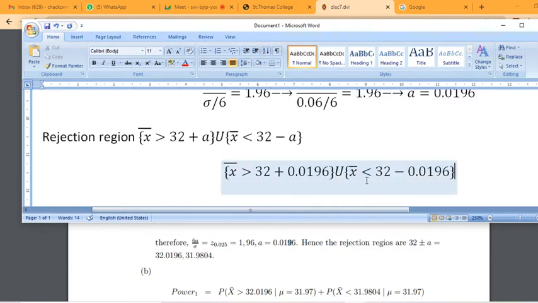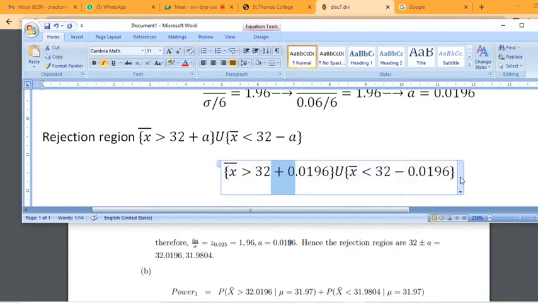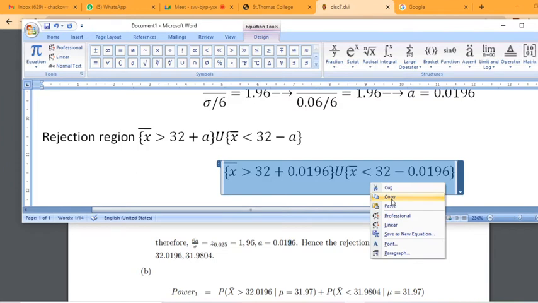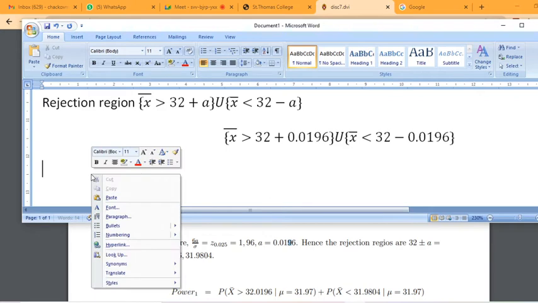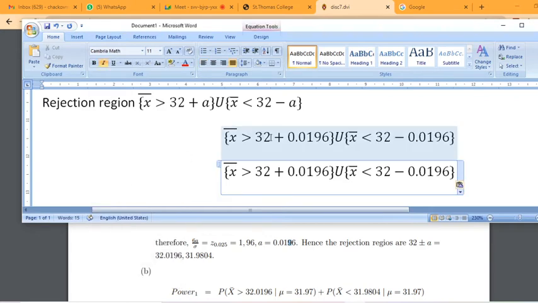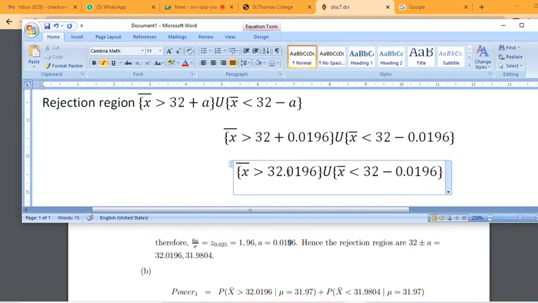So we obtain the rejection region as 32 points. After simplification, the rejection region would be 32.0196 and 32 minus 0.0196, which is 31.9804.